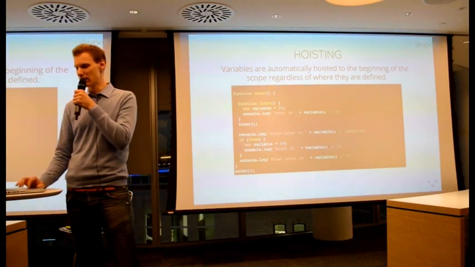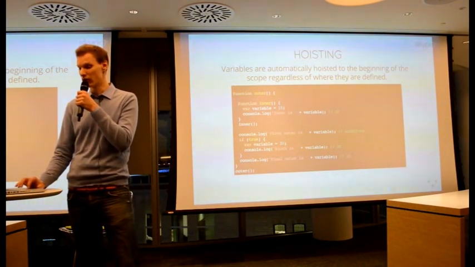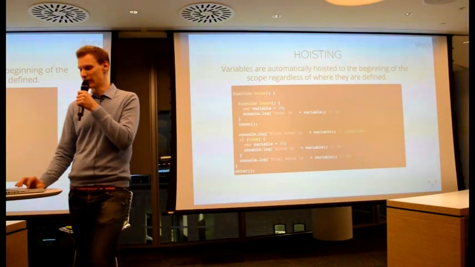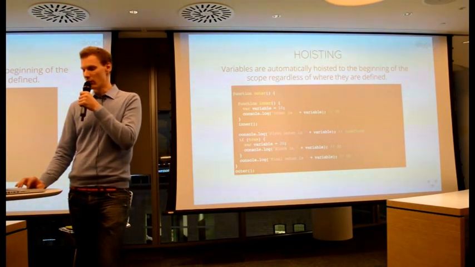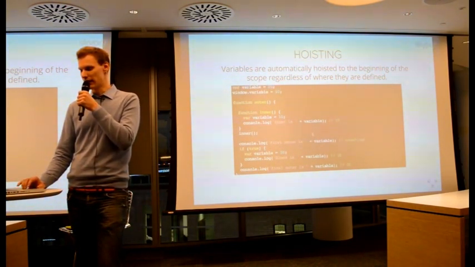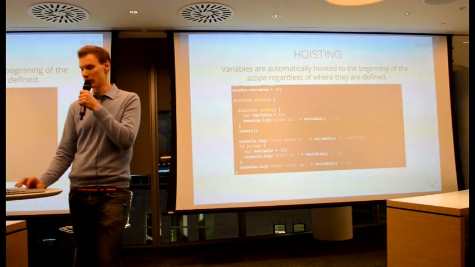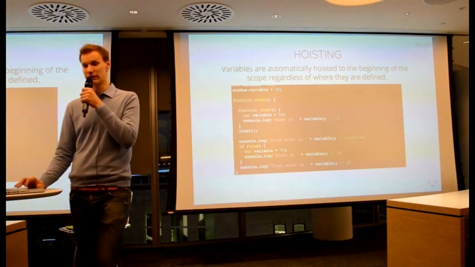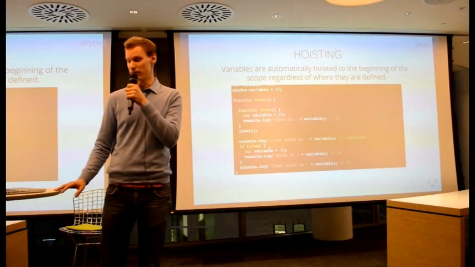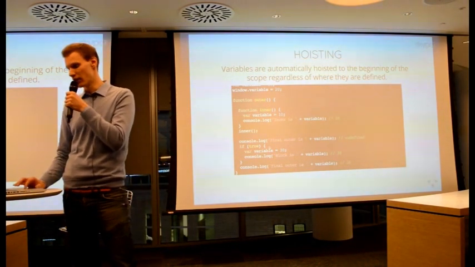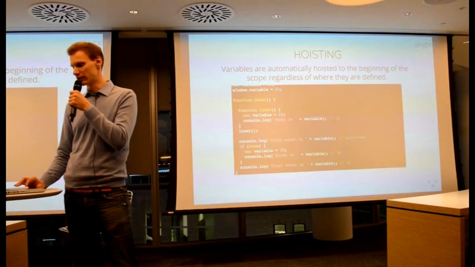And then we can see here a console.log of first outer is variable, and we would be expecting it to show 20, but actually it will show undefined because we have a variable of 30 defined inside a code block. This is if true, var variable equals 30.